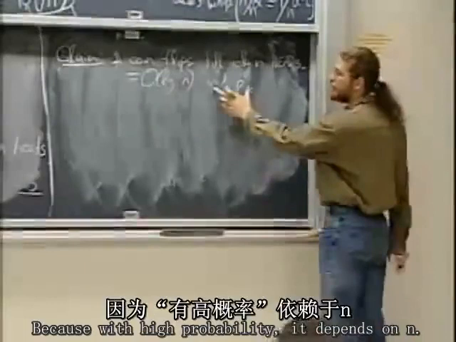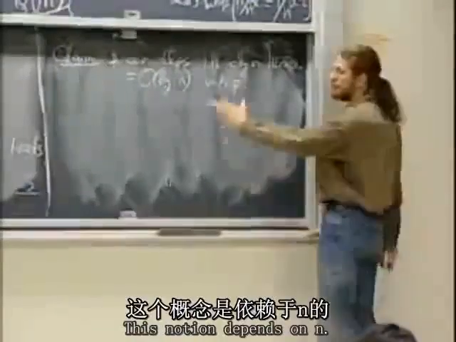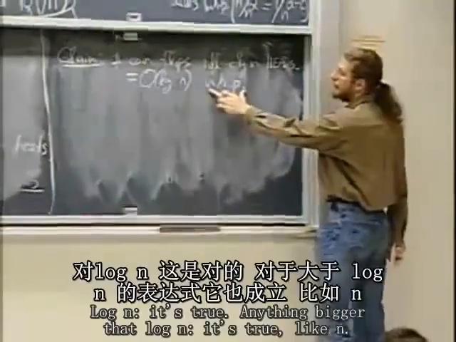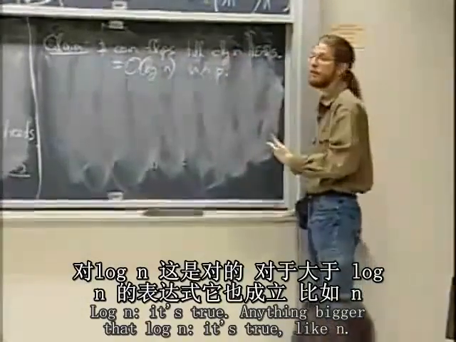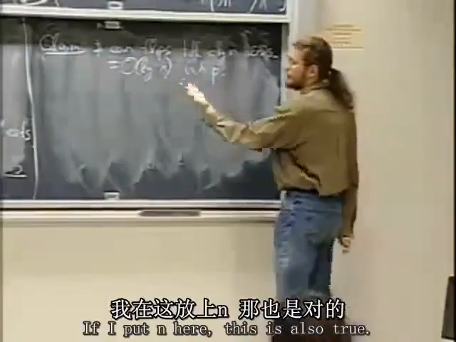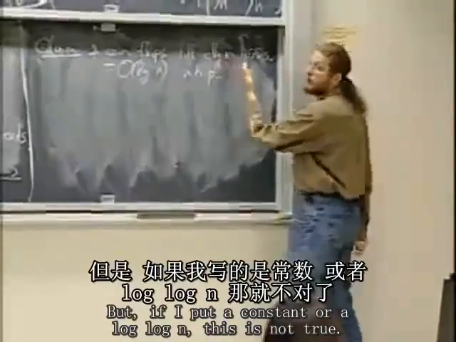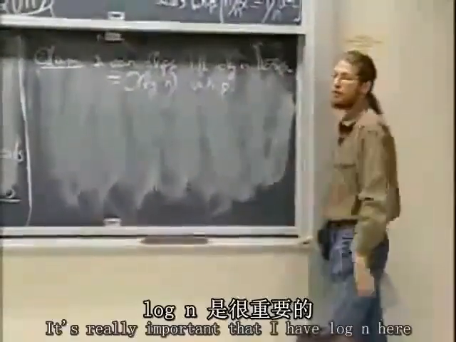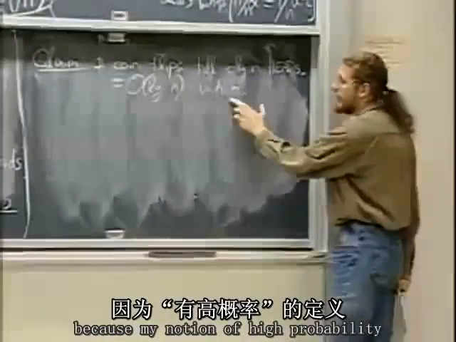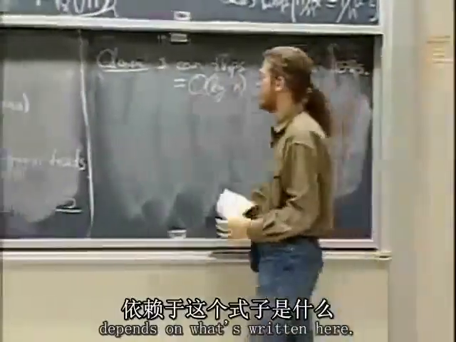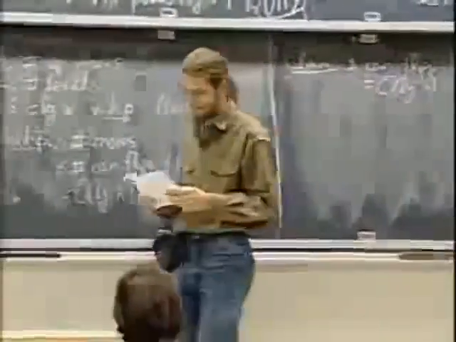Because with high probability depends on n. This notion depends on n. If log n it's true, anything bigger than log n it's true, like n, if I put n here, this is also true. But if I put a constant or log n, this is not true. It's really important that I have log n here, because my notion of high probability depends on what's written here.